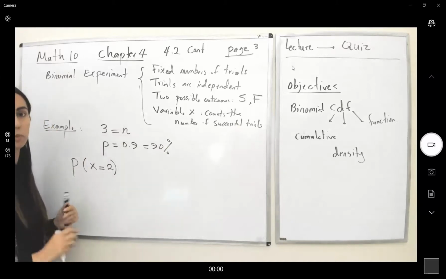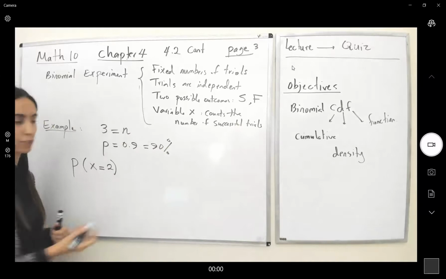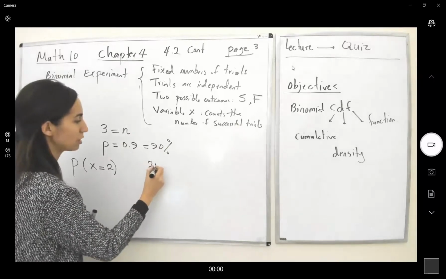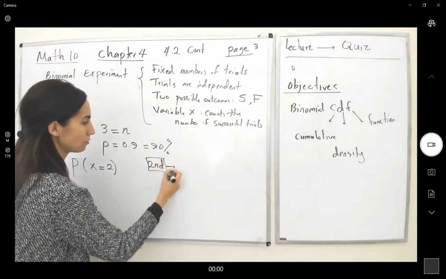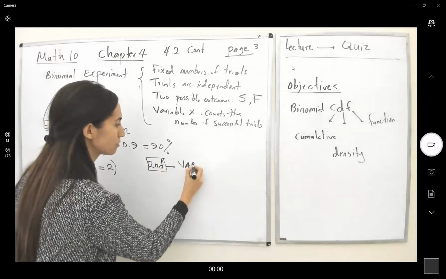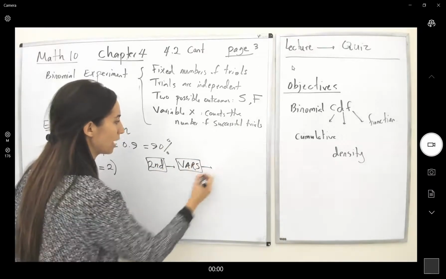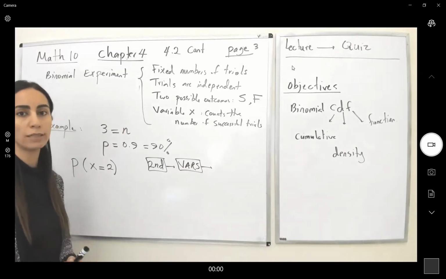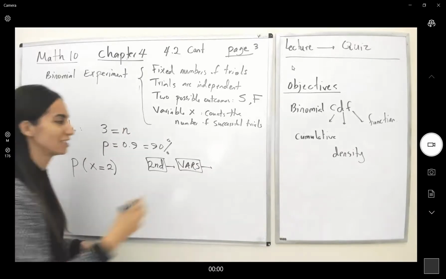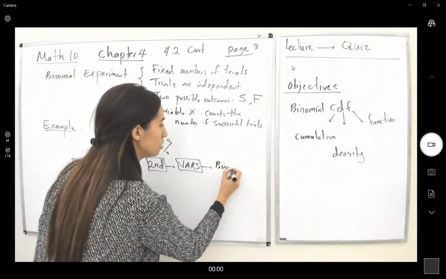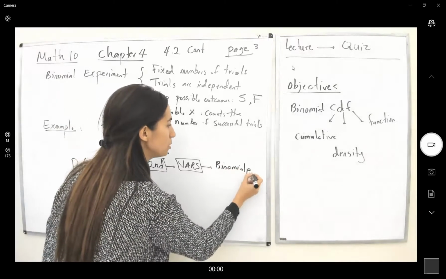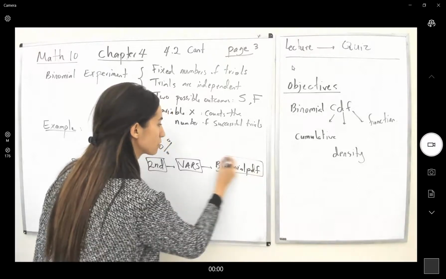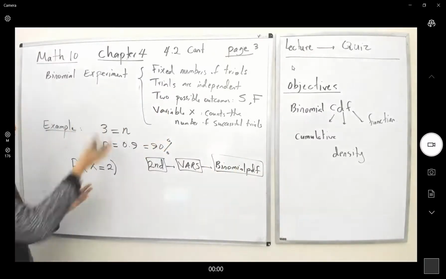To find this probability, remember that we use our calculator. We turn on the calculator, second, bars. And after that, based on TI-83, TI-84, or your online emulator, you have to find binomial PDF. Then you enter the information that you have.